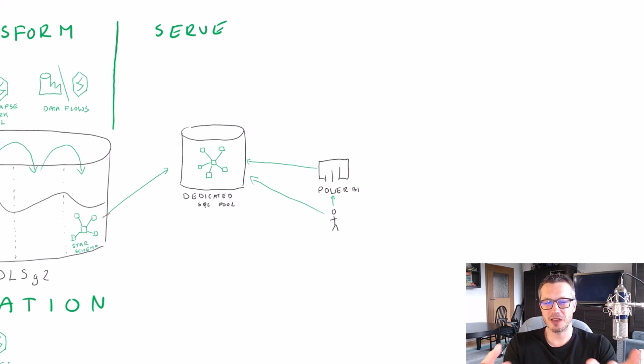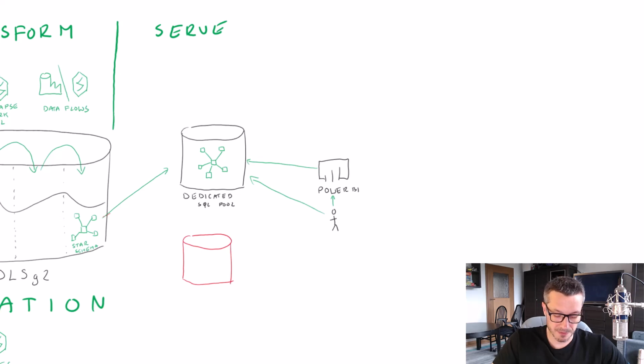So we would need to have some kind of a translator in the middle that would, from one side, be able to talk TSQL from the consumer point of view, but also be able to connect to our data lake and read this Delta format. And that's where Serverless SQL Pool can be used.